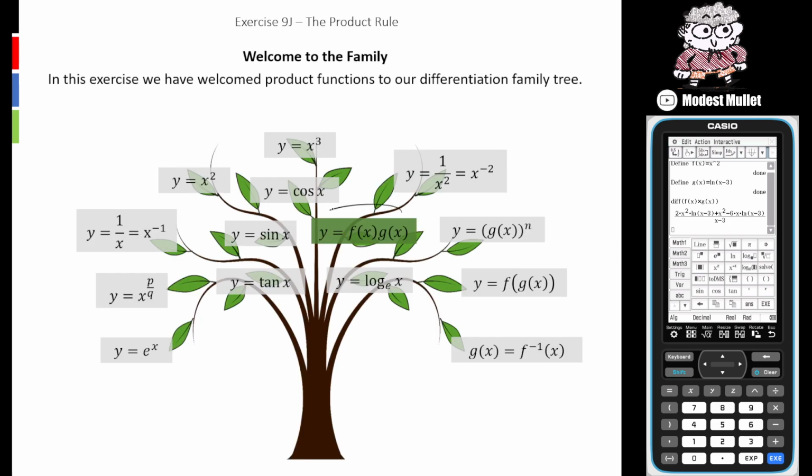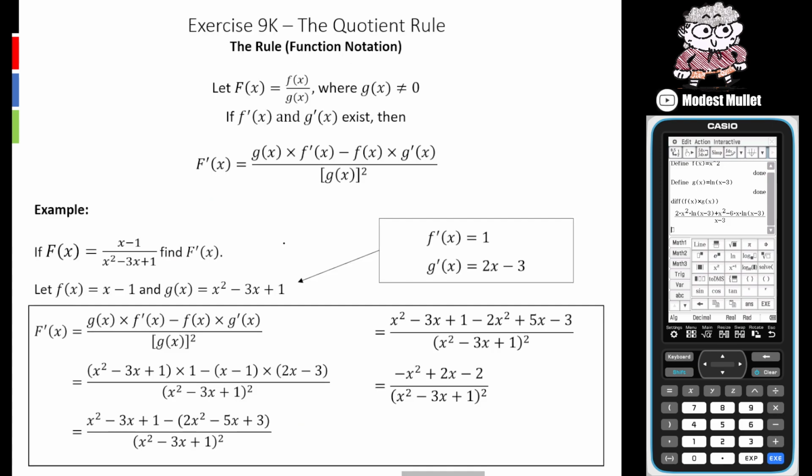So we get to add the product rule to our differentiation tree now. We are almost at the end. We've got one more thing to add, and that is the quotient rule. This slide is looking at it in function notation. We use the quotient rule when we have the quotient of two functions, when we have f of x divided by g of x.